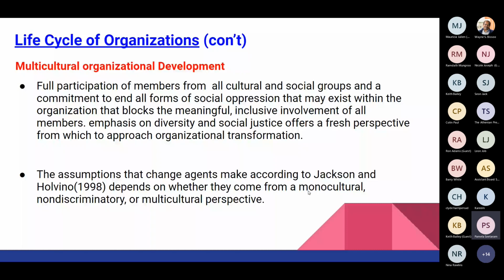Right, here we look at the life cycle of organizations. With the life cycle of organizations, we look at the multicultural organizational development. This process emphasizes the full participation of members from all cultural and social groups and the commitment to end all forms of social oppression that may exist within the organization that blocks the meaningful, inclusive involvement of all members.